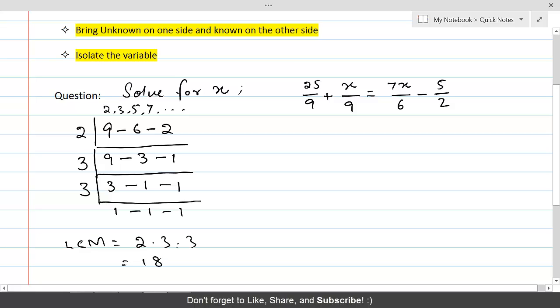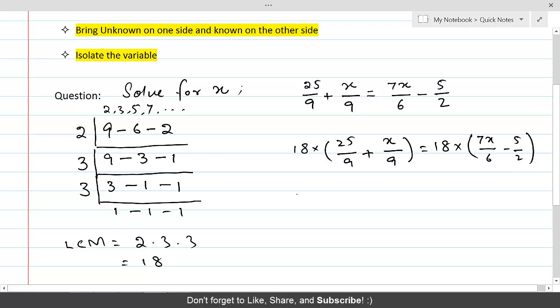Now 18 is the least common multiple, and we can multiply both sides with 18. 18 times 25 over 9 plus x over 9 equal to 18 times 7x over 6 minus 5 over 2.